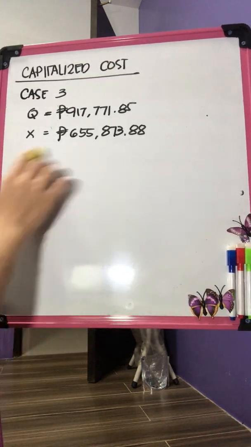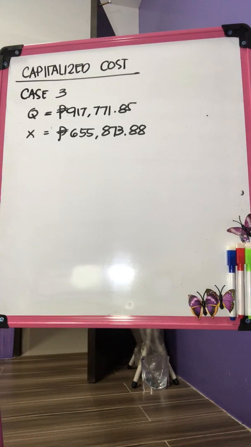Okay? O, yan. So ngayon, nakuha na natin lahat yung ating present worth for perpetual replacement at saka yung operation or maintenance. So ito yung Q natin, ito yung para sa operating expenses natin. This is the present worth. And ito naman yung X natin, ito yung present worth for perpetual replacement.